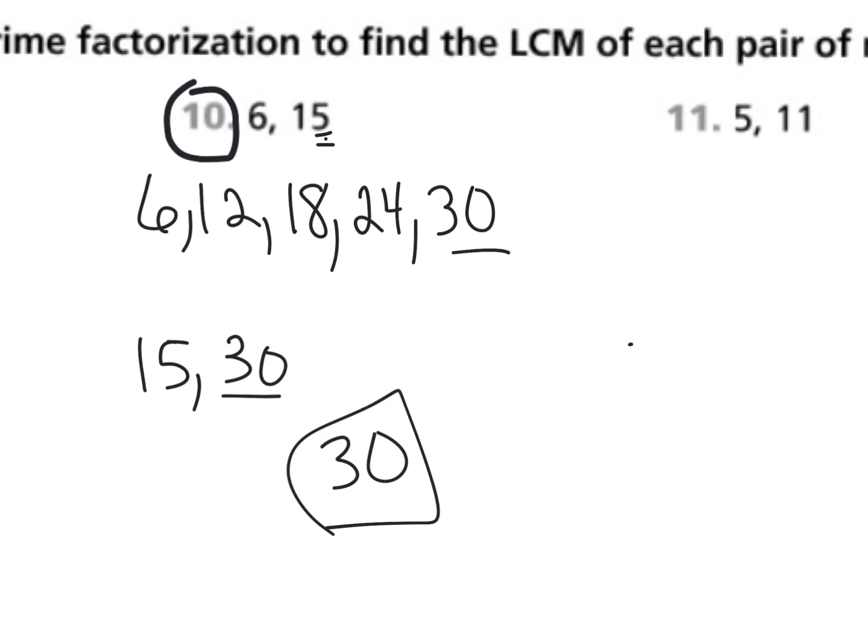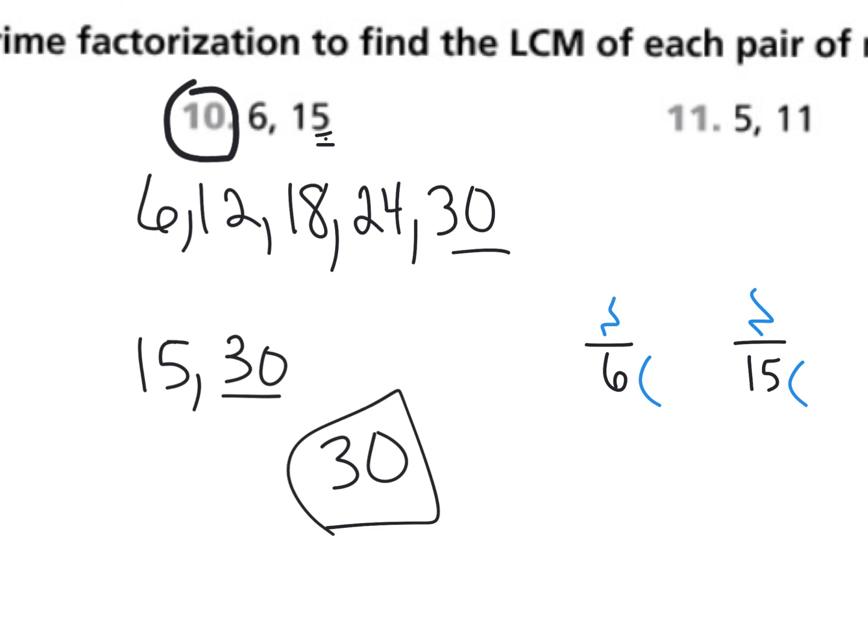One way to think about it also with least common multiples, I mentioned the other day, if these were denominators in a fraction, think about what we would have to get for a common denominator. Okay, and there's different things that could work.